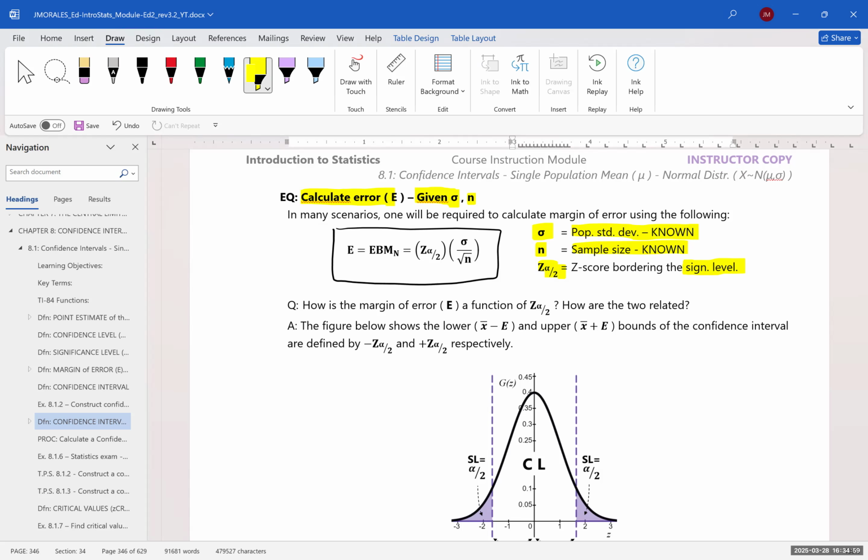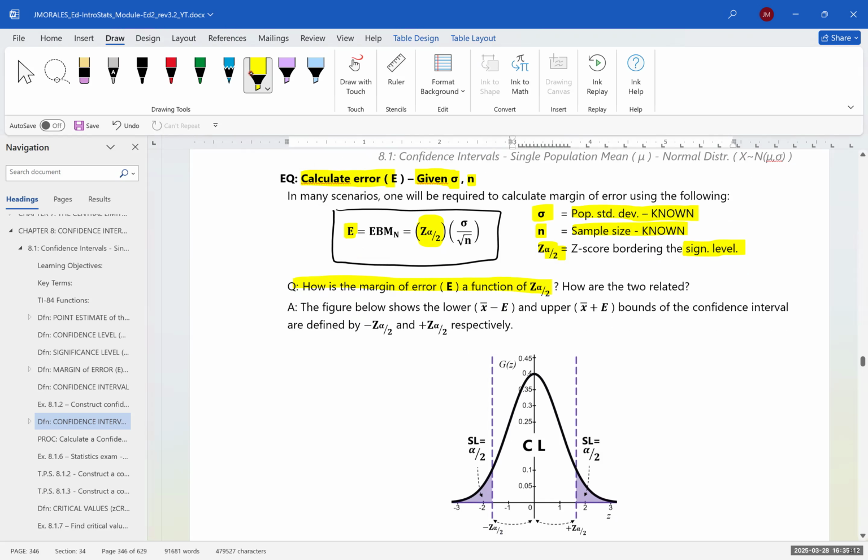So a question is, how is error related to this Z alpha 2 score? So the answer is shown in this figure below.